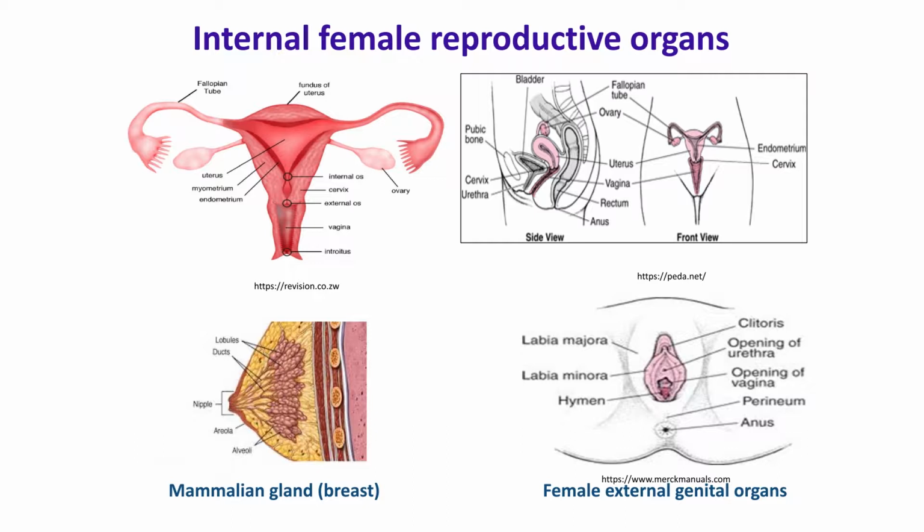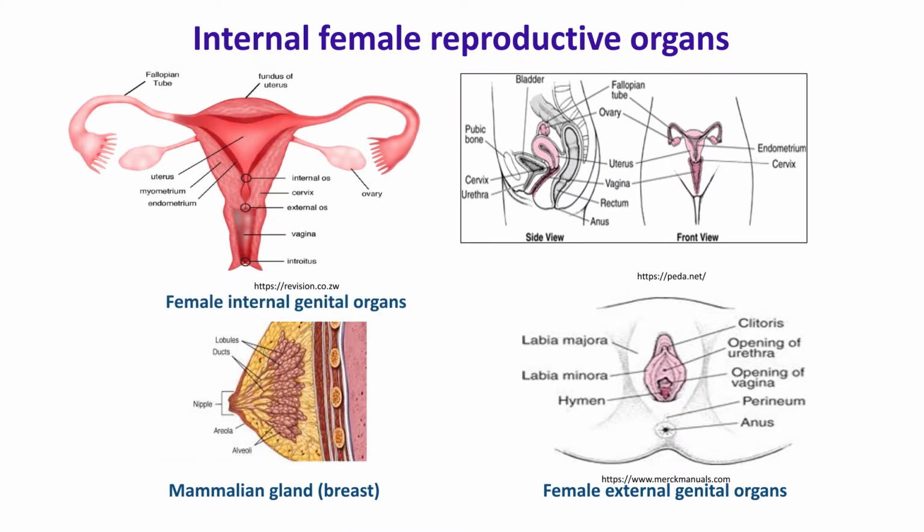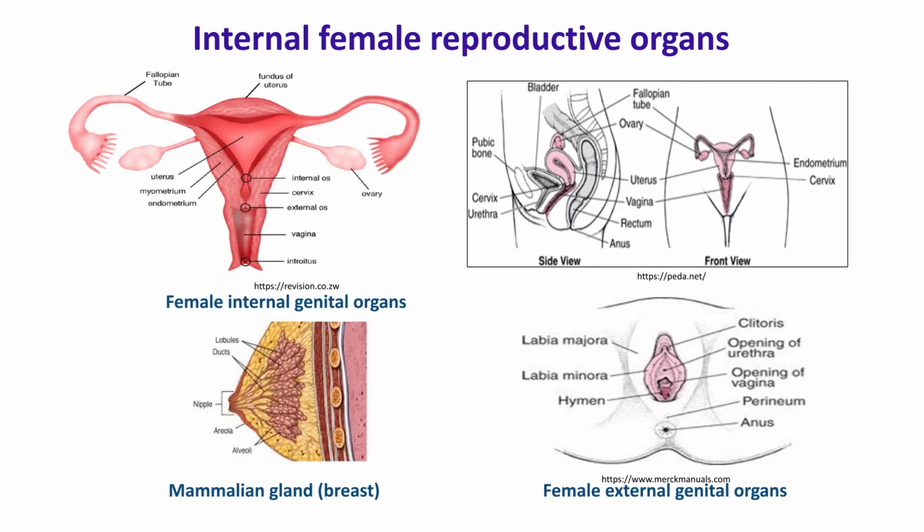The female reproductive organ system is divided into structures inside of the body and outside of the body. These photos of front view and lateral view show internal female reproductive organs in the pelvic cavity. The important organs are 2 ovaries, 2 fallopian tubes, 1 uterus, and 1 vagina.